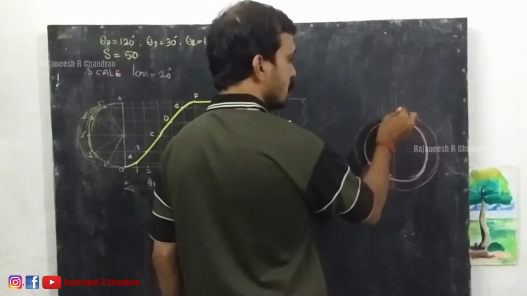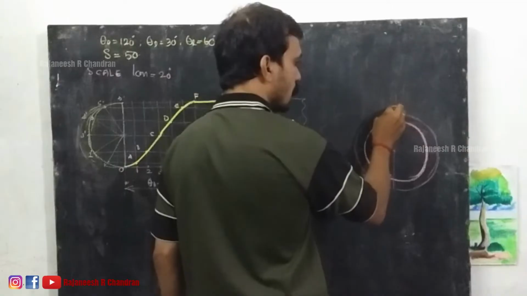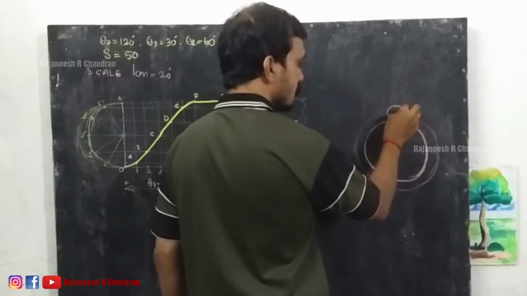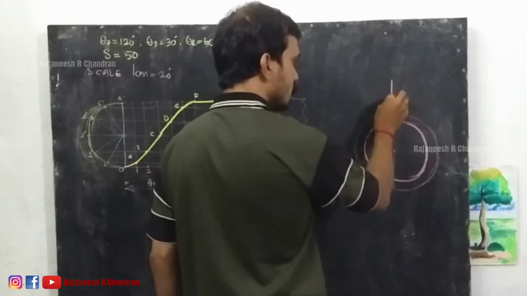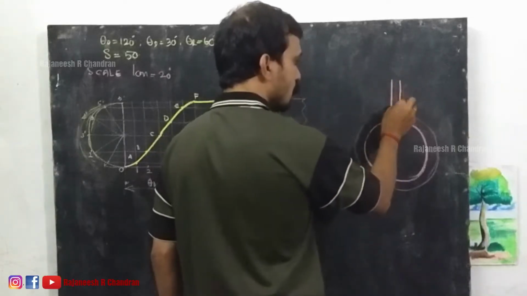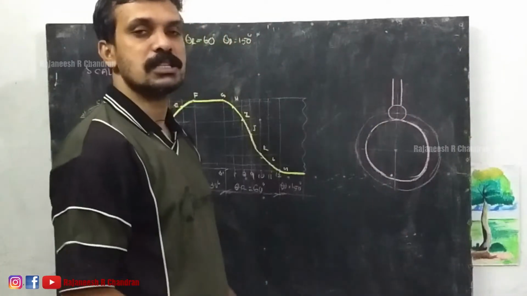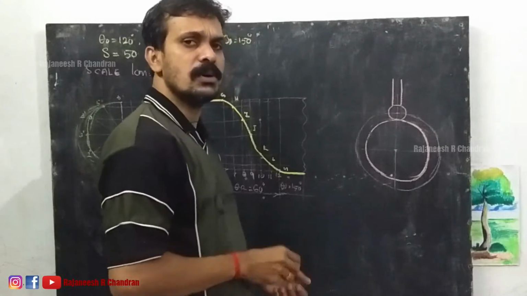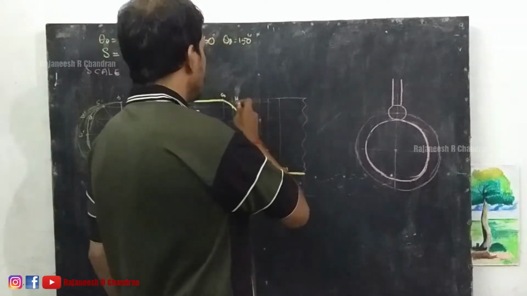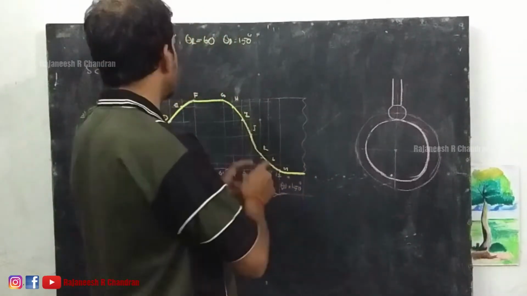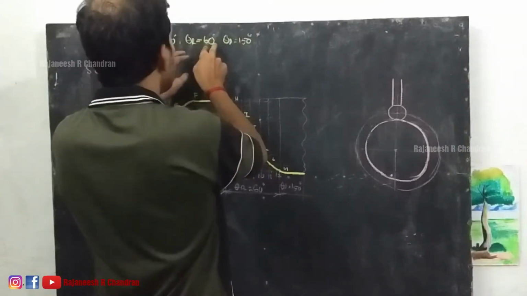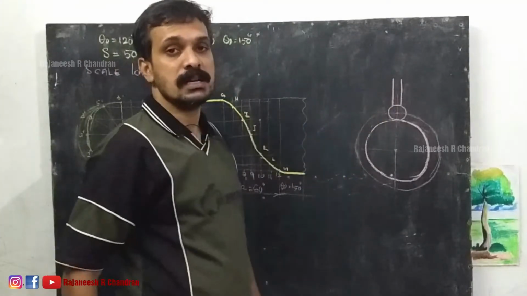This will meet here so that the roller can be drawn like this. So this is the initial position of the roller and this is the follower. So the initial position is completed. Now the same thing. That means we have to locate this 120 degree, 30 degree and 60 degree on the circumference of this circle, right?